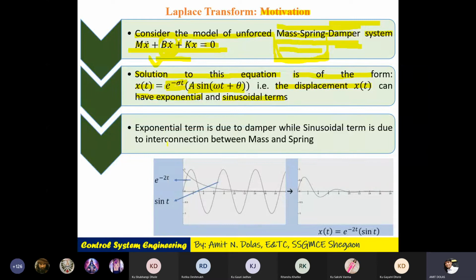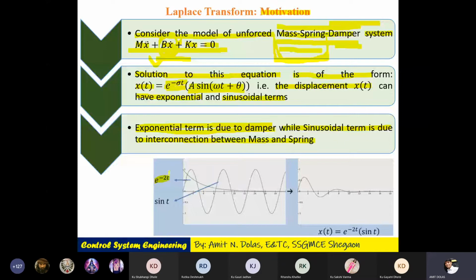Okay, so the graphical representation is on the same PPT. The exponential term is due to the damper. As I said, it is opposition to the force, while the sinusoidal term is due to the interconnection between mass and spring, which provides oscillation. So these two signals together, you can see on the PPT, that is e raised to power minus 2t.